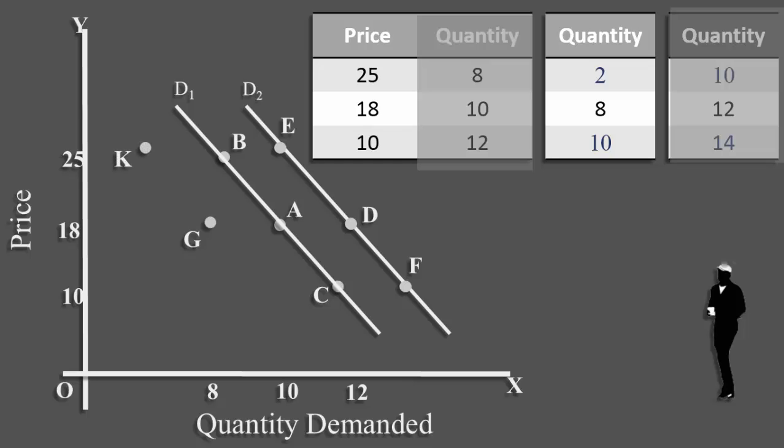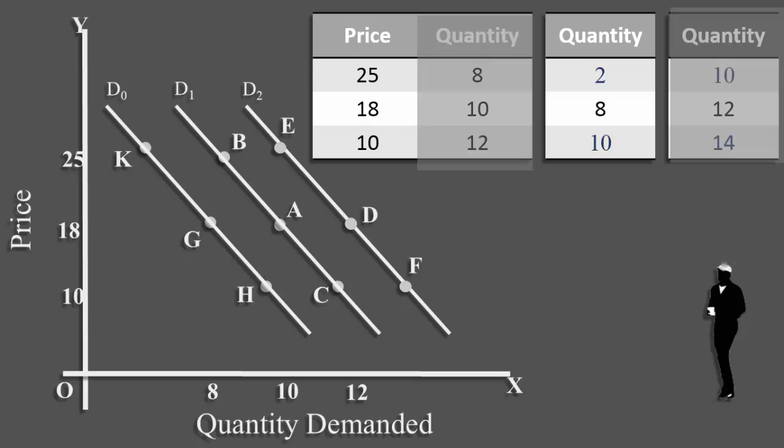He fills the new demand schedule with his preferred quantity after a change in taste. We shall fix these points also. At 25 rupees price, he is willing to buy 2 units. At 10 rupees price, he is willing to buy 10 units.